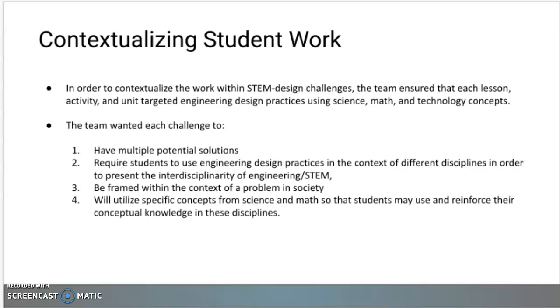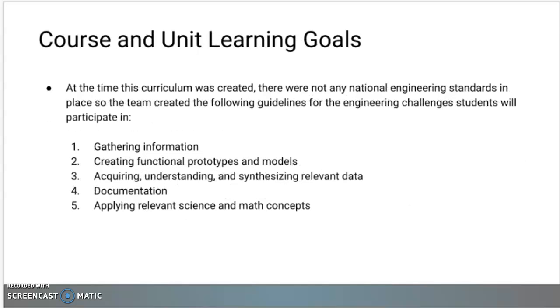It wanted each challenge to require students to use the engineering design practices in the context of different disciplines in order to present the interdisciplinarity of engineering and STEM. They wanted each challenge to be framed within the context of a problem in society, and they wanted each challenge to utilize specific concepts from science and math so that students can use and reinforce their conceptual knowledge in these disciplines.